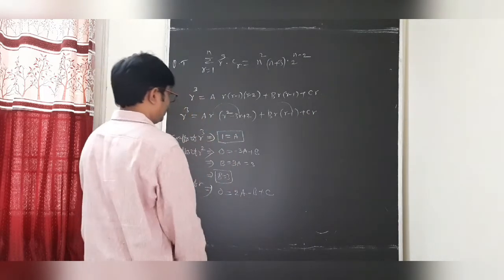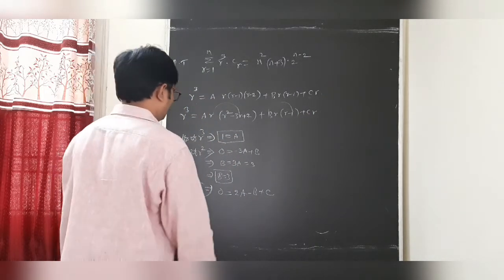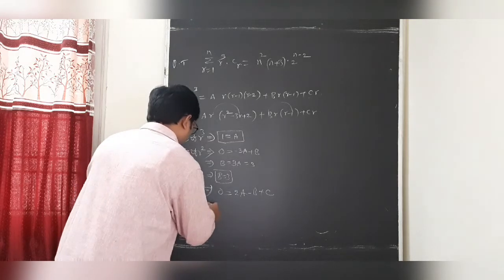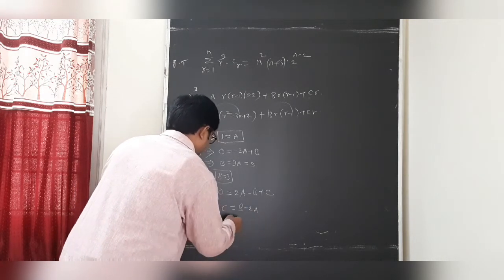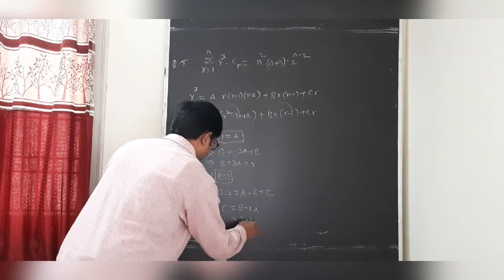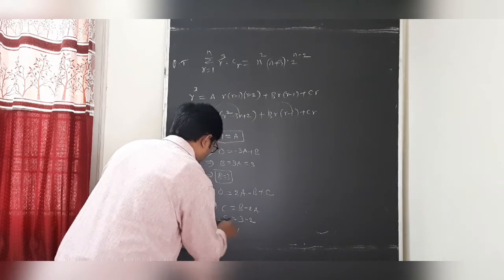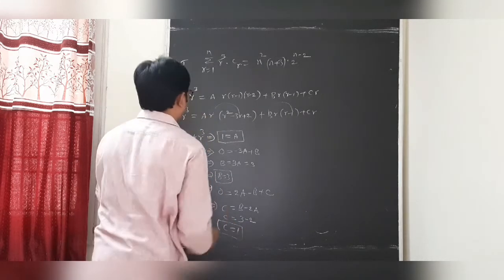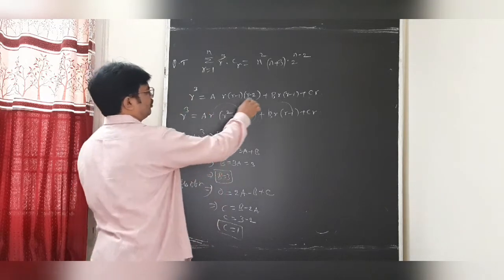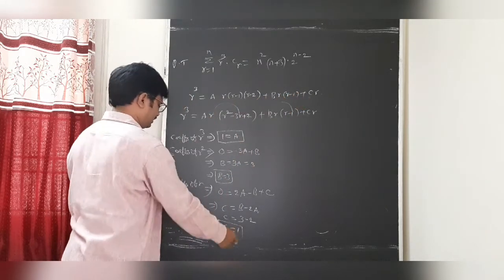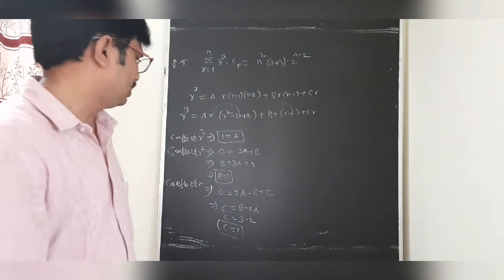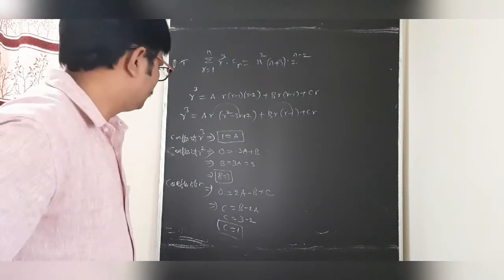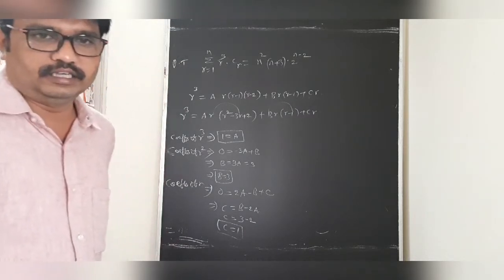So students, undoubtedly c will be the b minus of 2a. b is 3, this is 2, so the c value is 1. Already I explained, when we take r equal to 1 on both sides, c will be directly 1. Okay students, a is 1, b is 3, and c is 1.